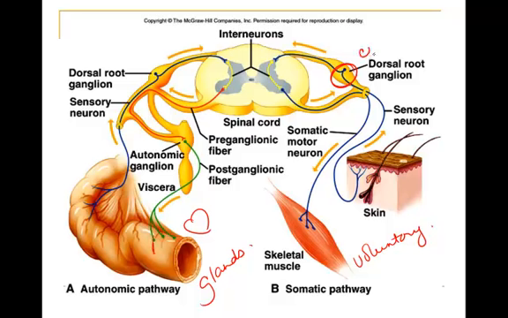Okay, remember that cell body's outside the CNS. Versus in the autonomic side, the side we don't control, it's here, and then it's also here. So it's a two-step process for us. So the ganglion and also in the CNS. See, there's some here.